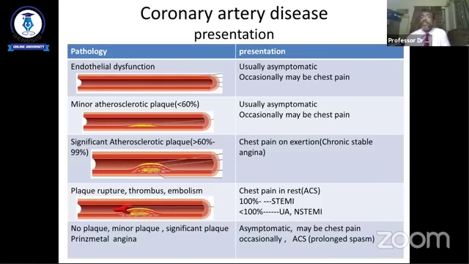So these are the treatments usually we should offer to the patient, and these are the other usual treatments. If the patient has heart failure, then in that case we may add an ACE inhibitor or ARB, or if the patient has proteinuria, or if the patient has diabetes mellitus, we may give an ACE inhibitor or ARB.